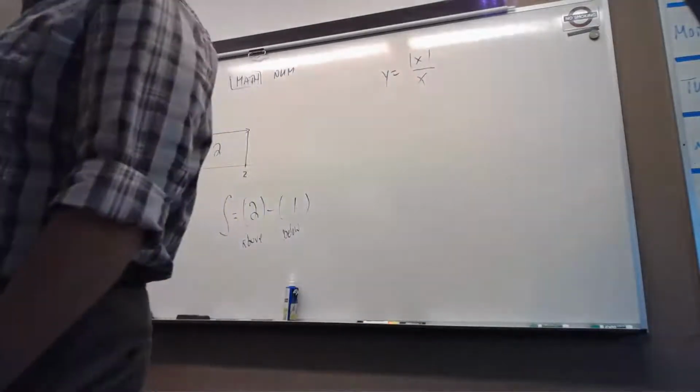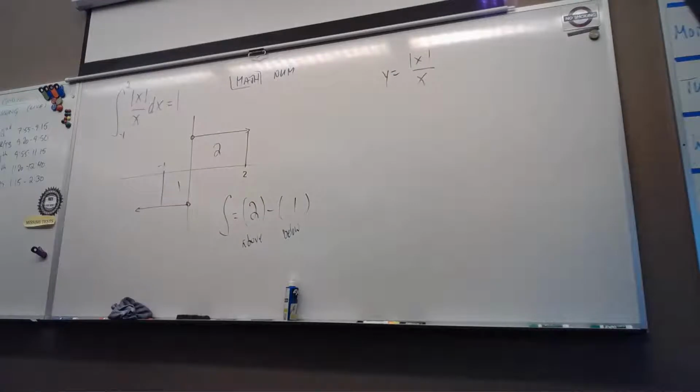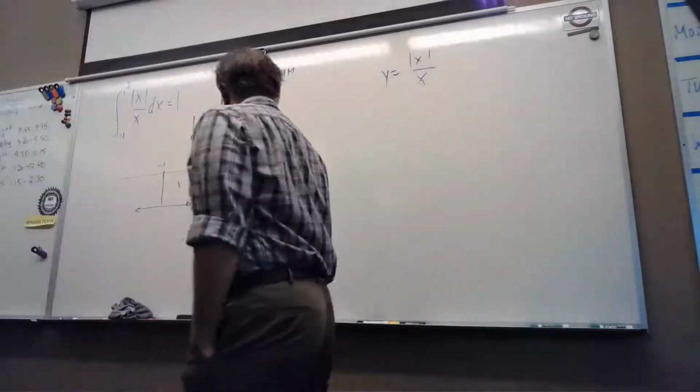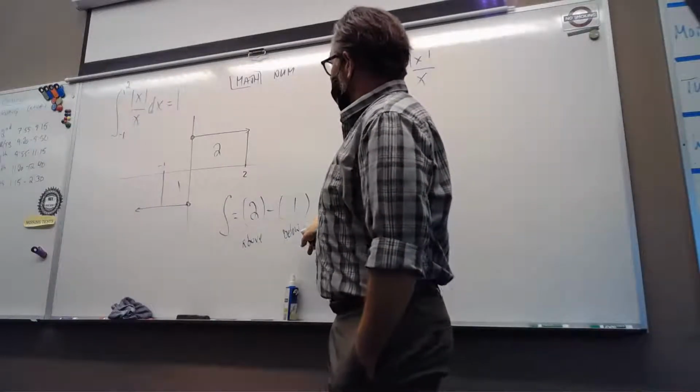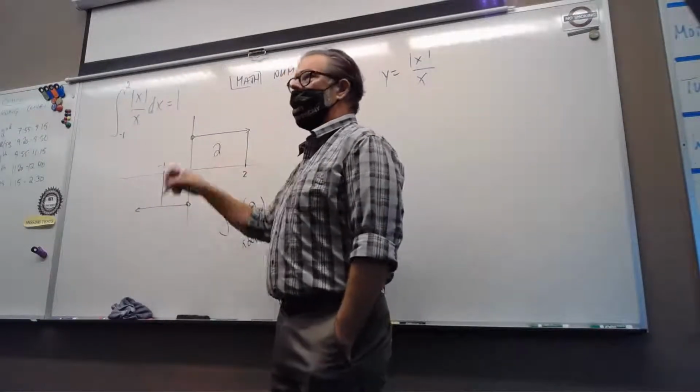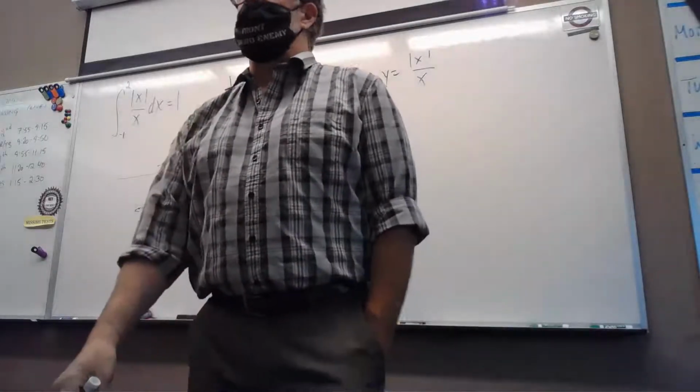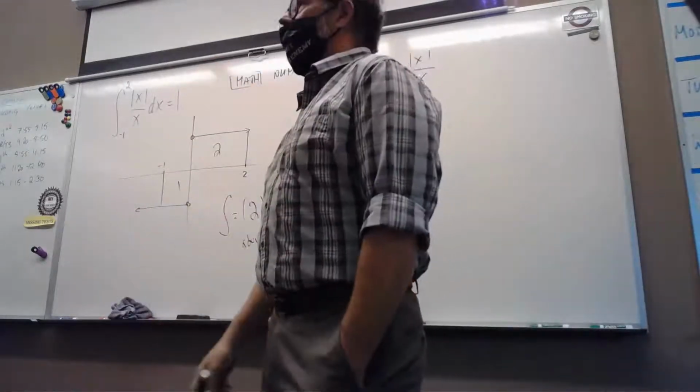If you want to say you can't have negative area, then you subtract everything below the curve. Or you just say, what the heck, for all intents and purposes, when we're dealing with integrals, area below the curve is negative. Think about accumulator functions. Anything below the curve, you're taking away. So it's a negative. Either way, that's 2, that's 1, and we get a total area of 1 for that integral.